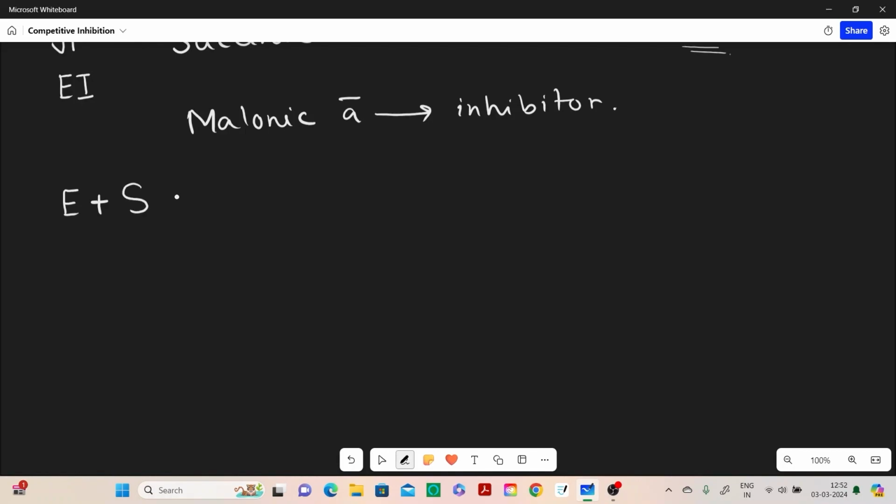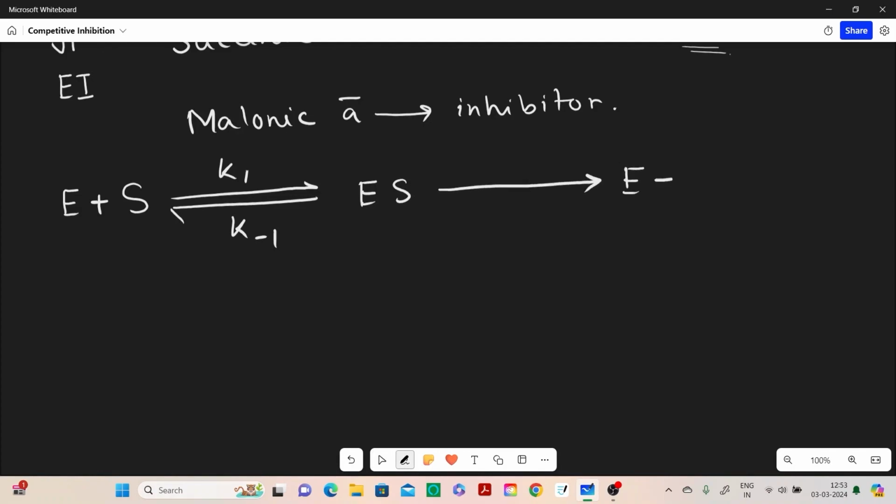So the enzyme binds to the substrate, and in the meantime I would recommend you to go and check out my video on the Michaelis-Menten equation, where I have described in detail the basic enzymatic equation and also the steady state approximation, which we will use in this video to derive the equation of competitive inhibition. Okay.